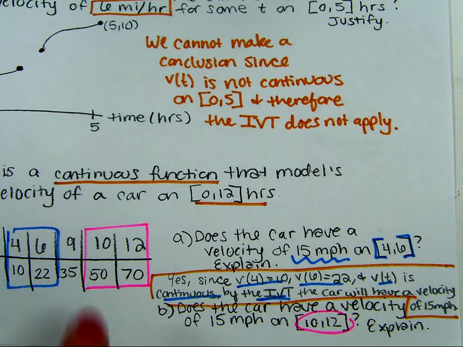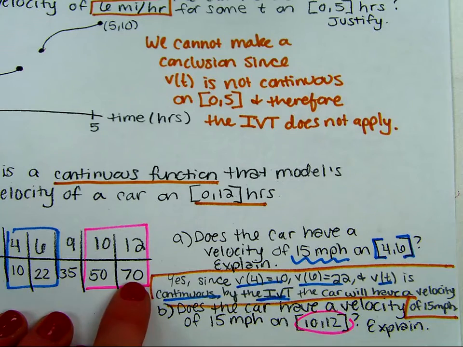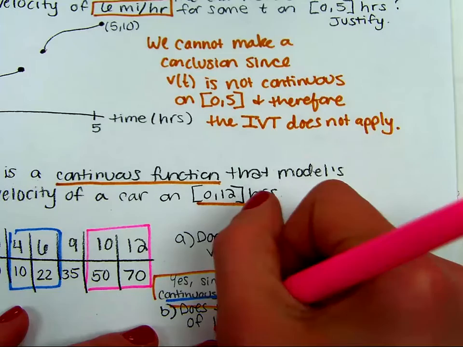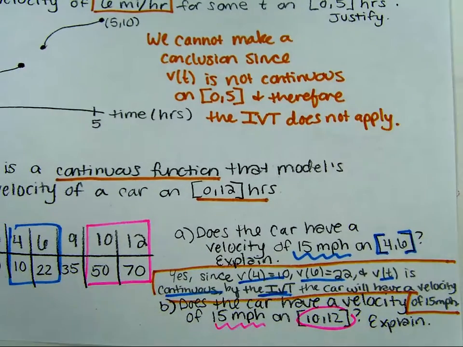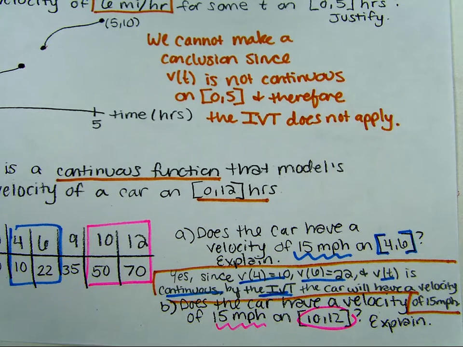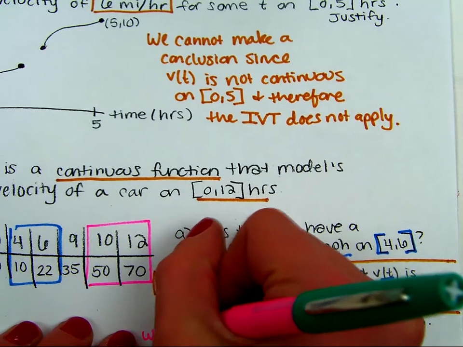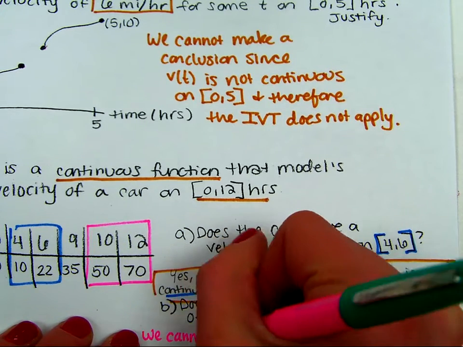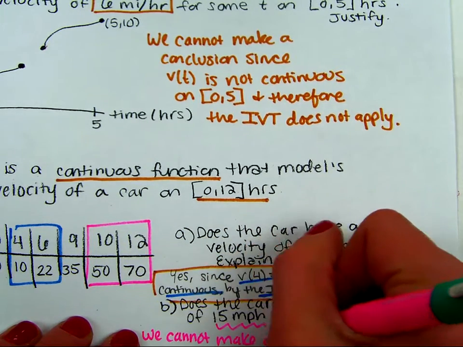It's only going to hit everything between 50 to 70, and 15 miles per hour is not on that interval. So I would just say we cannot make a conclusion here because 15 is not on the interval 50 to 70. So I would say we cannot make a conclusion.